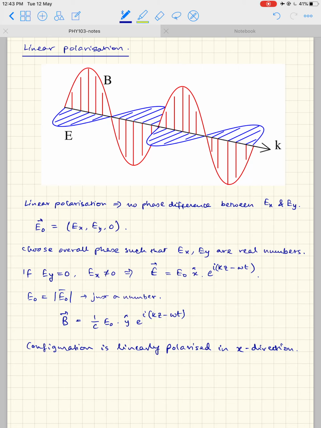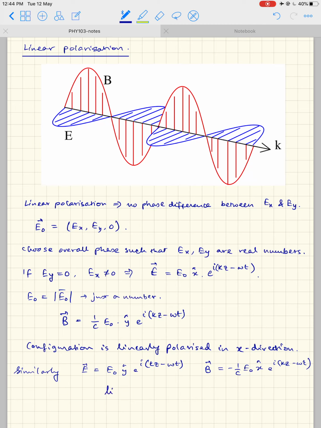In that case, similarly, E is given as E naught y e to the i(kz minus omega t), and B as minus 1 over c E naught x e to the i(kz minus omega t).